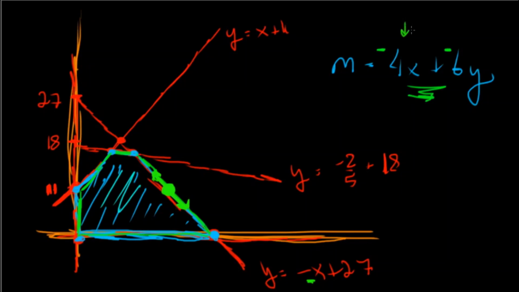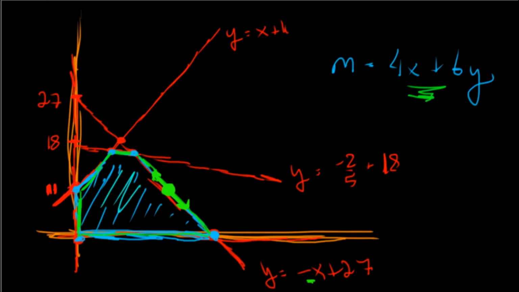As I increase x, for every increase of 1 in x, I am getting 4 more units. But every time I increase x by 1, I am decreasing y by 1, so I'm losing 6 units. So as I move down this line, I'm gaining 4 but losing 6. So I am in fact decreasing as I move down this line.